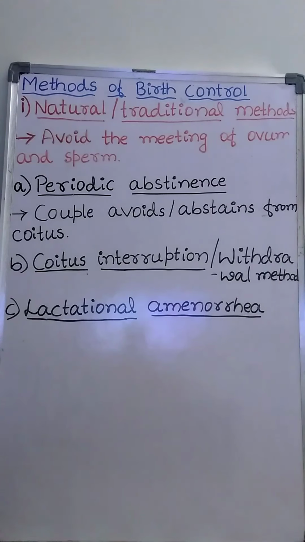Fertilization usually takes place between the 10th and 17th day of the menstrual cycle.